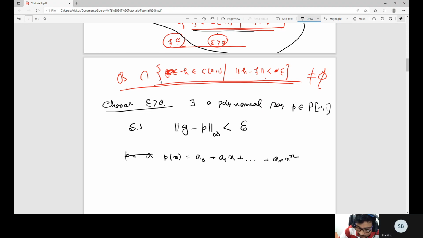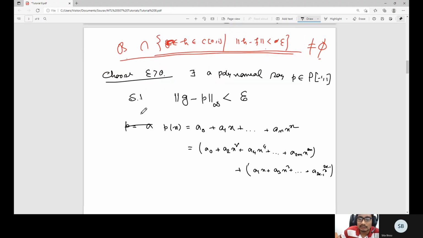Now see, in P(x) there are even powers and odd powers, right? So write this as a0, separating the even powers and odd powers: a0 plus a2x squared plus a4x to the power 4 plus up to a2m x to the power 2m, plus a1x plus a3x cubed plus up to a(2k minus 1) x to the power 2k minus 1.